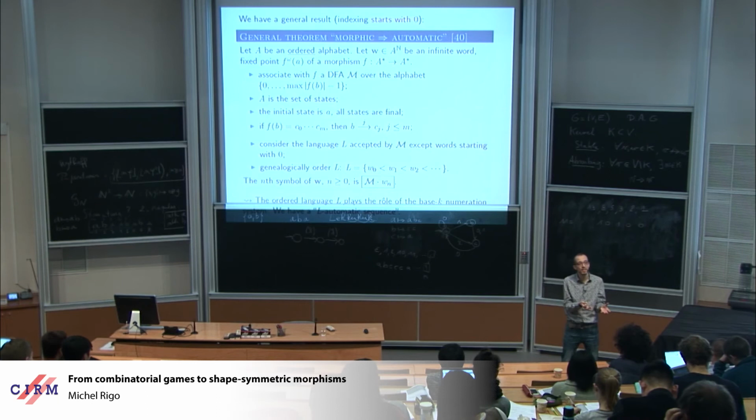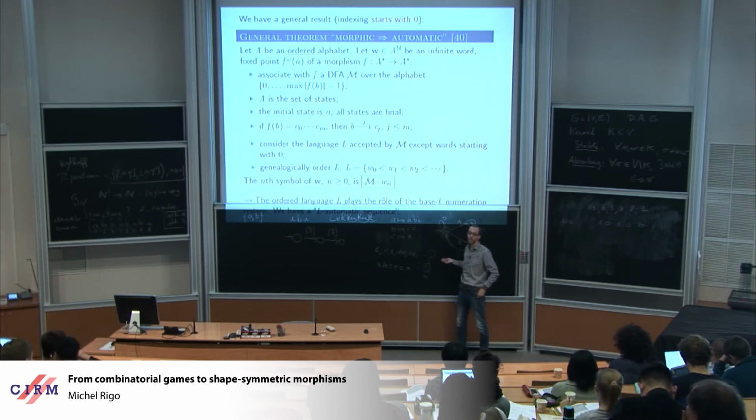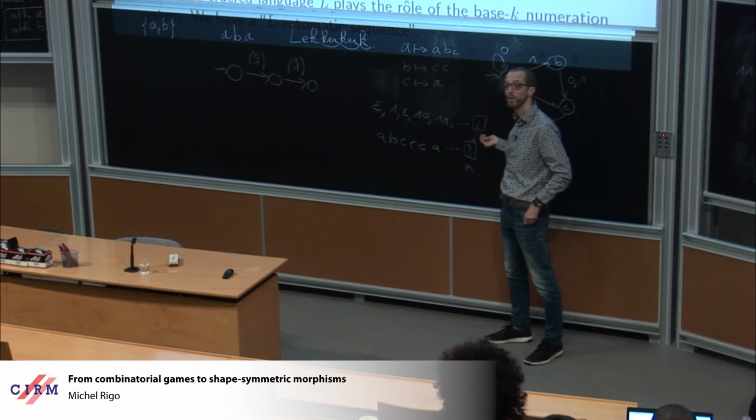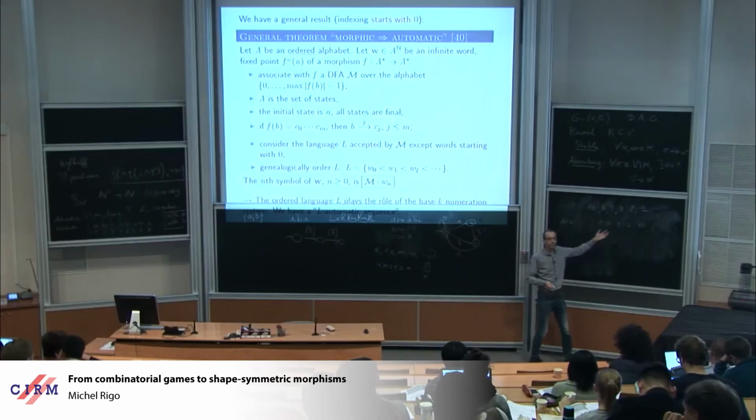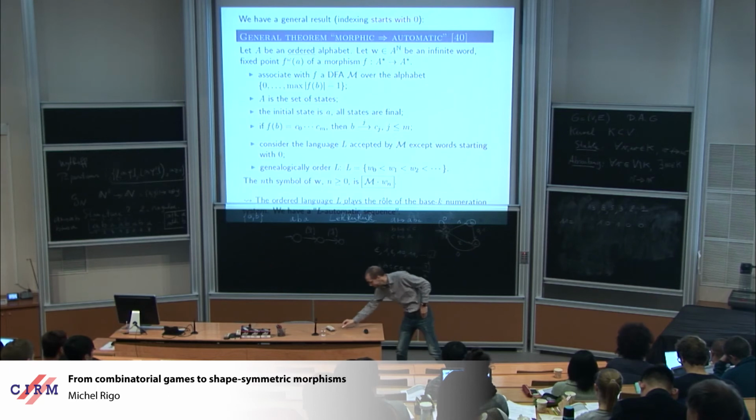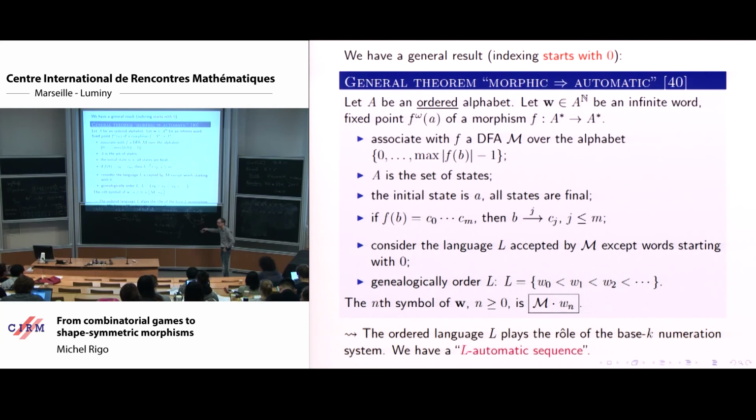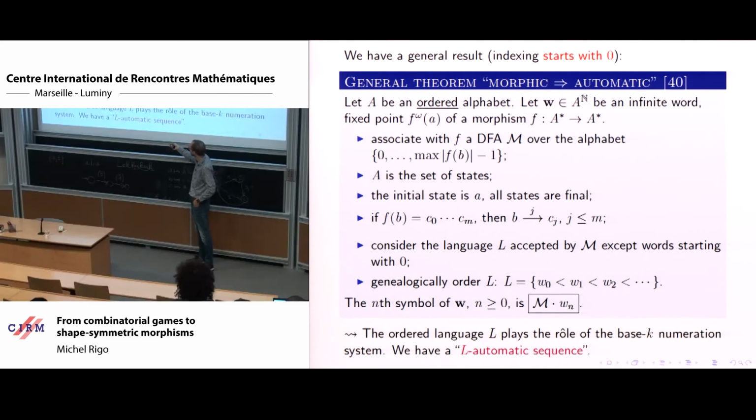And so here you see that the language is replacing the base three expansion from my first example in the automatic case, or replacing the Fibonacci expansion in the Fibonacci word. So that's the main idea. These are just notations, but that's really what's going on. This is why I should speak about, let's say, L-automatic sequences.